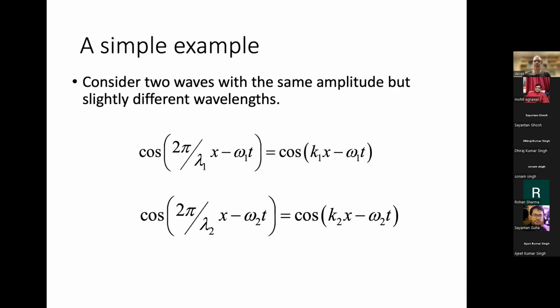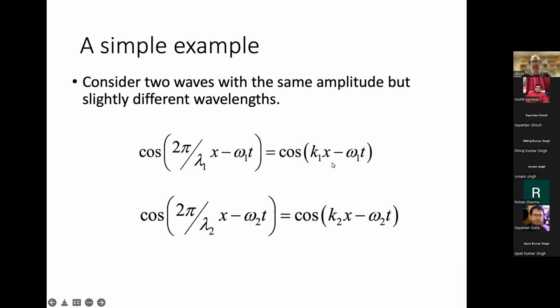All right, so let's look at what dispersion means, and we'll derive phase and group velocities from this. Let's consider 2 waves with the same amplitude, but slightly different wavelengths. So we have one that is cosine of 2 pi over lambda 1 times x minus omega 1 times t. 2 pi over lambda 1 is just k sub 1.